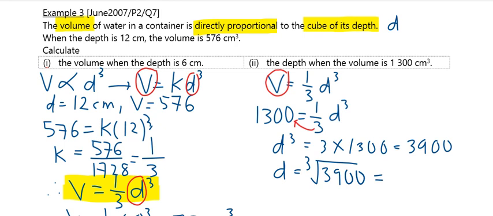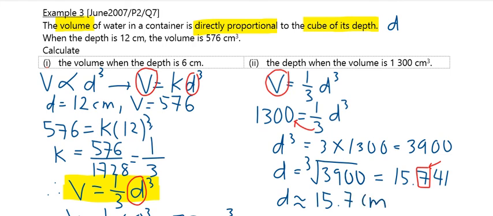So let's take 15.741, and let's take 3 significant figures. So your answer in the end will become approximately equal to 15.7 centimeter, right? So that's it for the explanation for this topic.